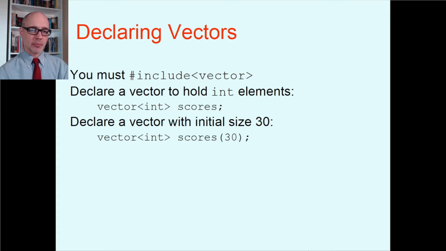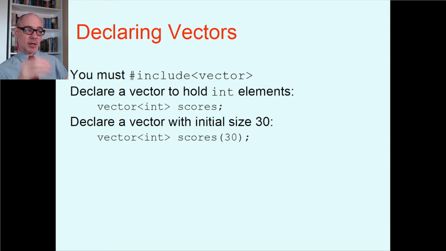Here's how you can declare a vector and establish the initial size. Here I'm making a vector of ints called scores, and then in parentheses, how big you want it to start with. Basically, this is now a vector that's got an internal array of size 30 right now. But remember, you're not limited to that.